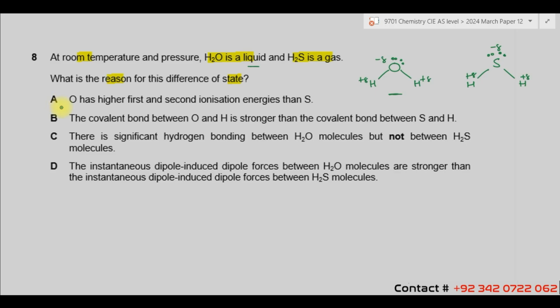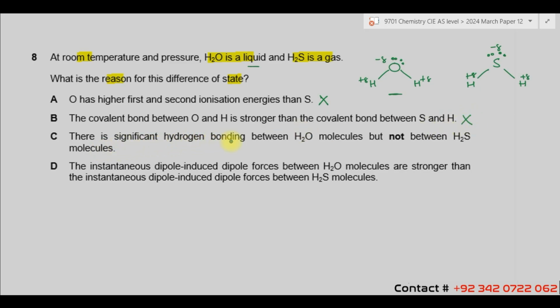Let's see the options. Oxygen has higher first and second ionization energies than sulfur. So the size of oxygen is smaller as compared to sulfur. This statement is true, but it has nothing to do with the state. The covalent bond between oxygen and hydrogen is stronger than the covalent bond between sulfur and hydrogen. Covalent bonds do not make a molecule liquid or gas. It is actually the intermolecular forces of attraction between the molecules.